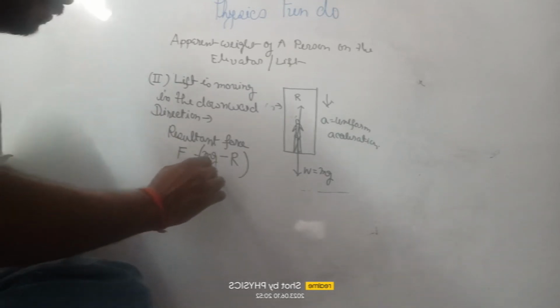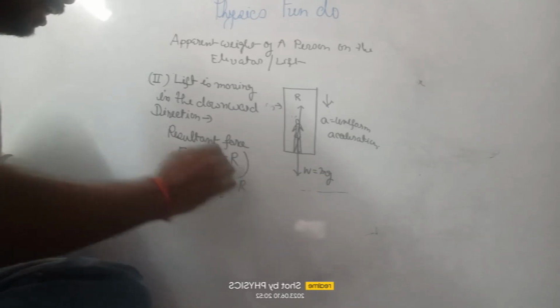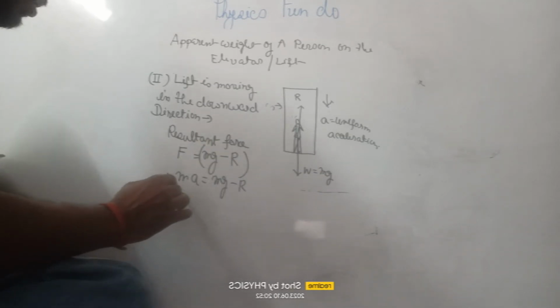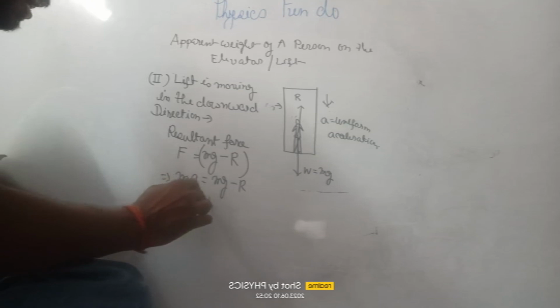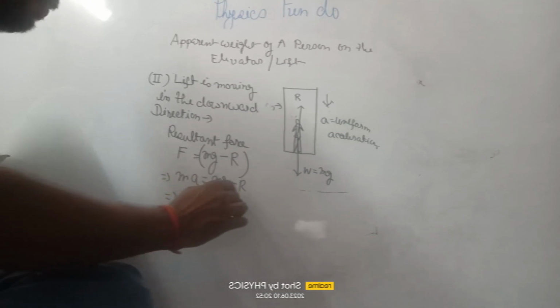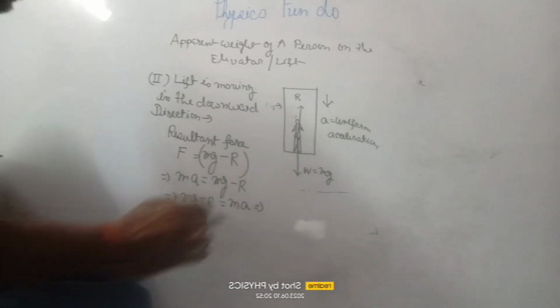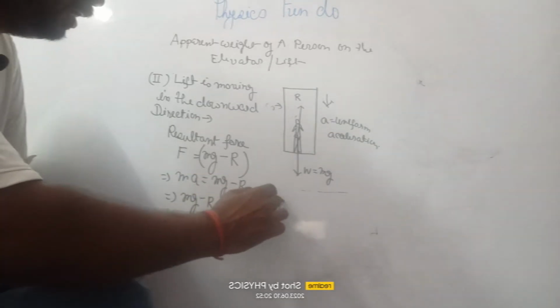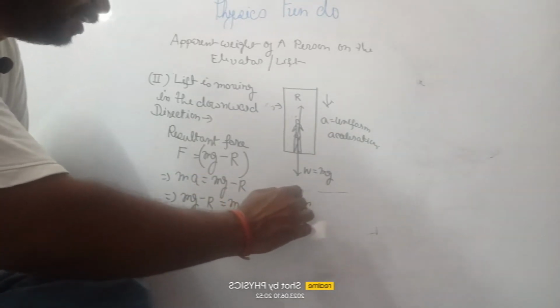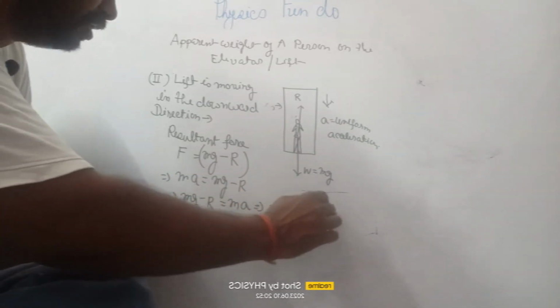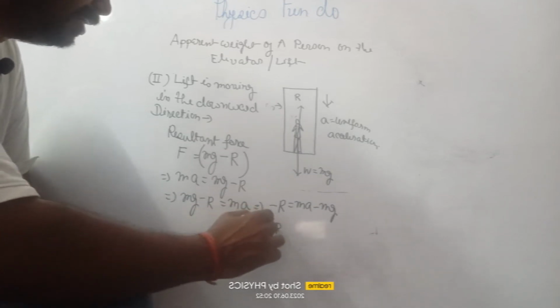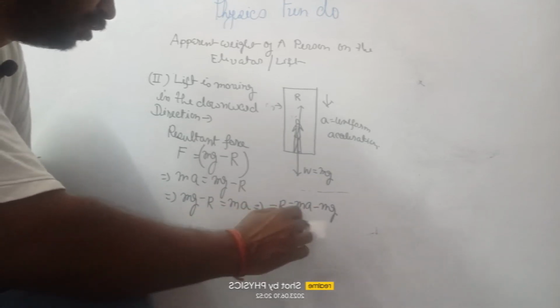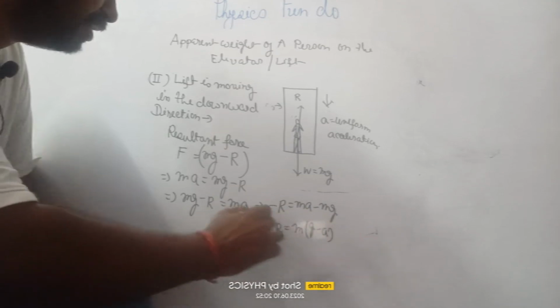That is equals to mg minus R. So mg minus R equals to m into a. Now minus R equals to ma minus mg. Now R equals to m(g minus a).